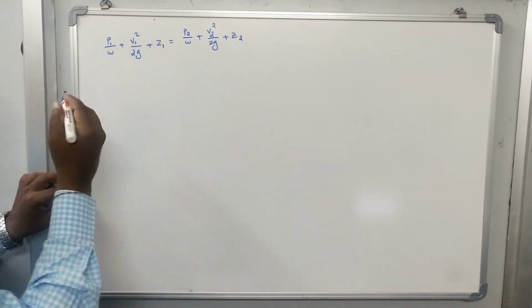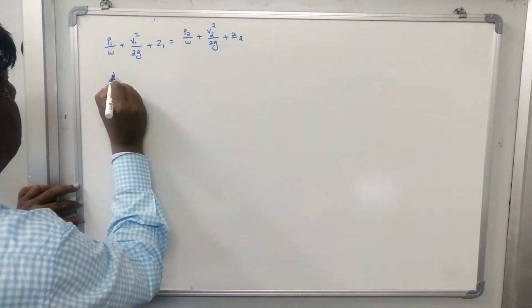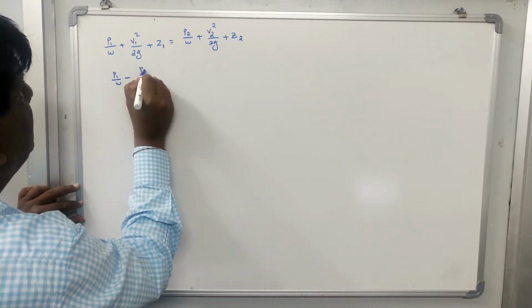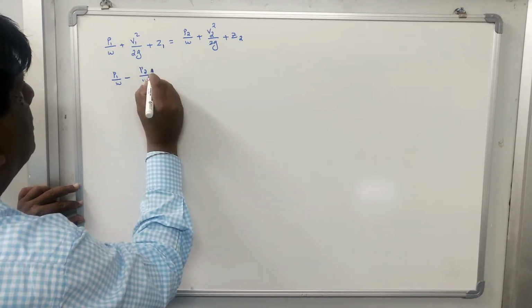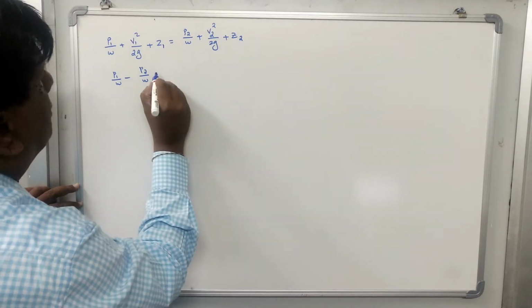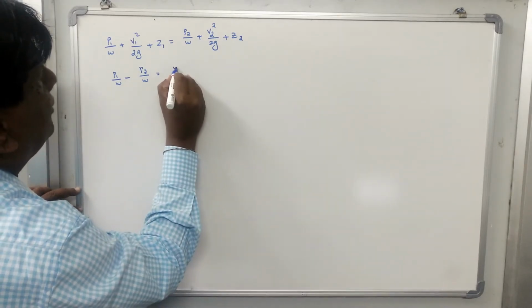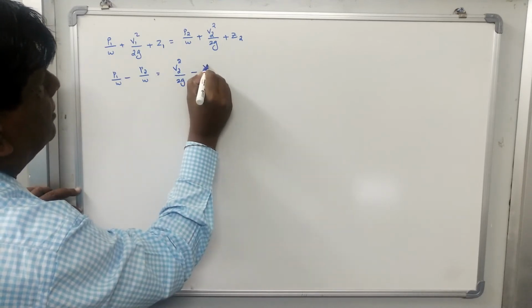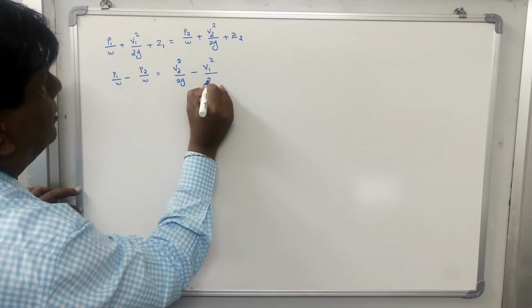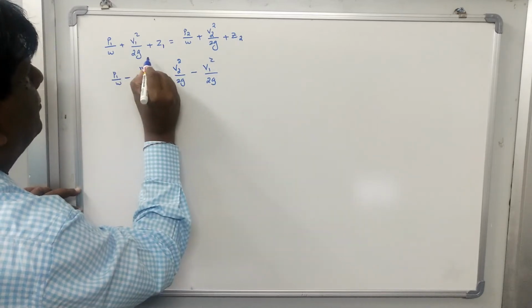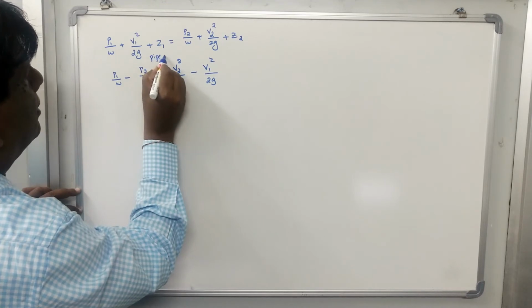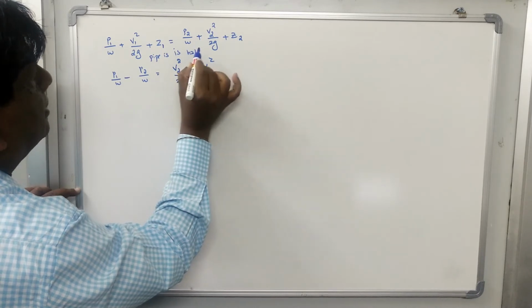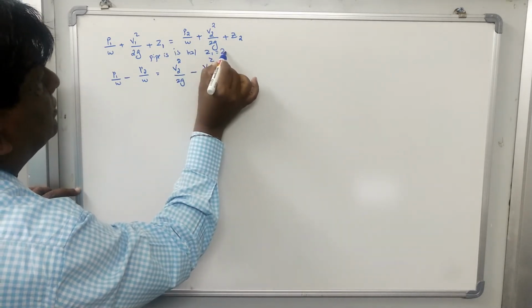So now simplifying this equation, P1 by W minus P2 by W equals V2 square by 2G minus V1 square by 2G.